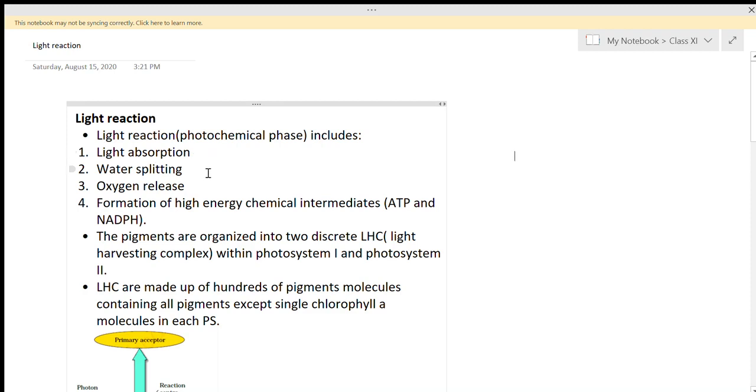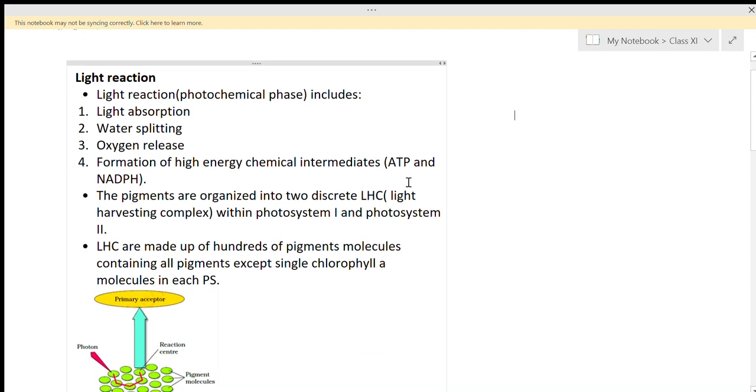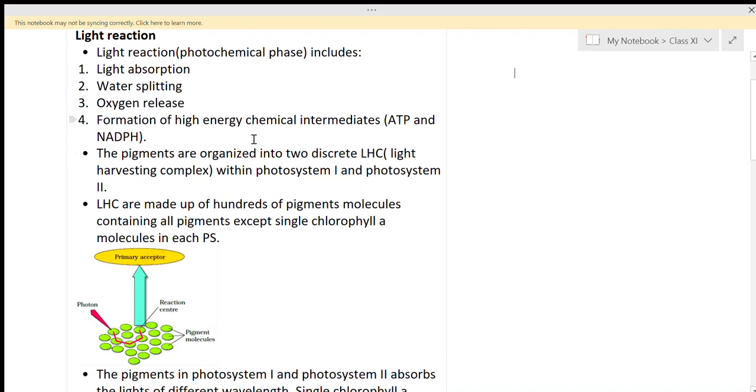Number two, after that the water is split into hydrogen and oxygen, and this oxygen is released only by the splitting of water molecules. In this way there is a formation of high energy chemical intermediates, that means the formation of ATP and NADPH takes place.